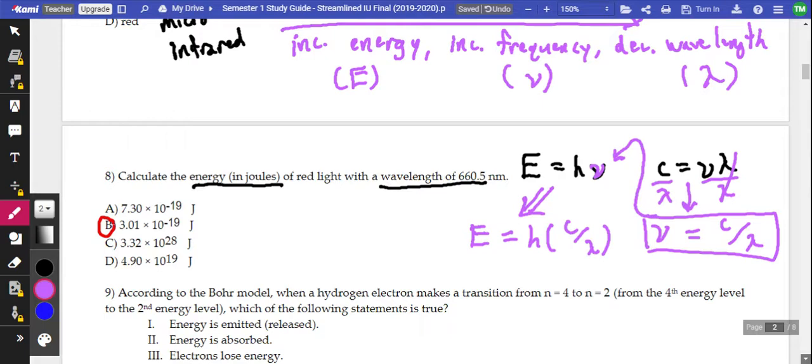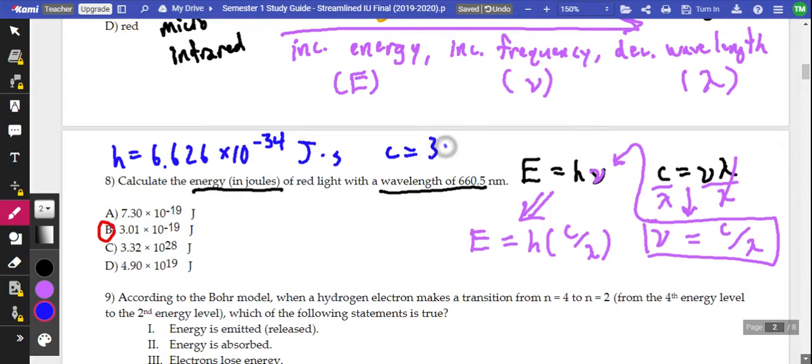So H is 6.626 times 10 to the negative 34th, if I remember correctly. And its unit is joule seconds, joules times seconds. And then the speed of light is 3 times 10 to the 8th meters per second.